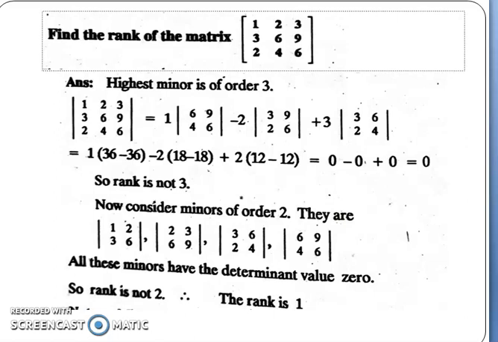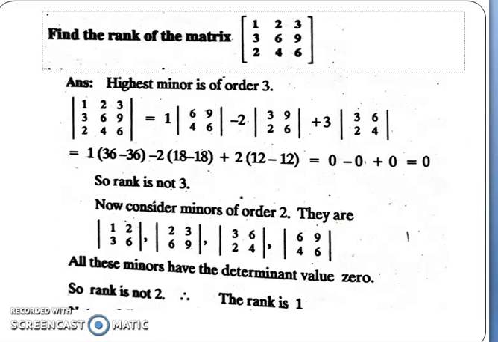Then we consider minors of order 2. Minors of order 2 are the determinants of 1 2, 3 6; 2 3, 6 9; 3 6, 2 4; and 6 9, 4 6. These minors have determinant value 0.